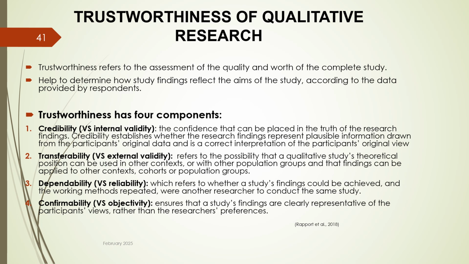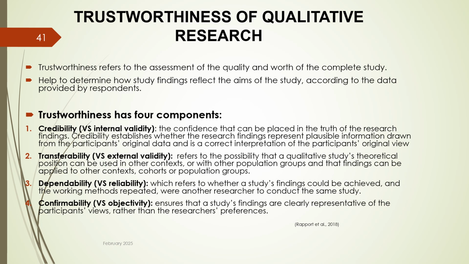We talk about 4 components: credibility, transferability, dependability, and confirmability. So, if you find these criteria in the qualitative research report, you can say yes, this is a trustworthy qualitative research or a good quality qualitative research.